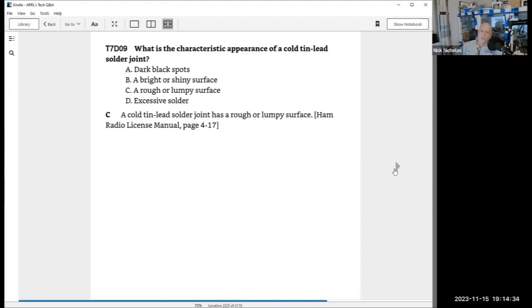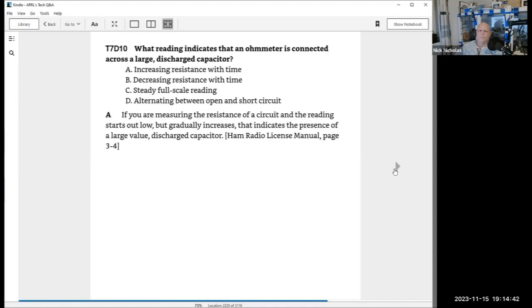A good solder joint will be bright and shiny, look polished, okay, and smooth. The way you get a good solder joint is you make sure the solder flows through the component. And you'll be able to observe the flow with a little practice with a soldering learning kit. You can get real good at it fast.